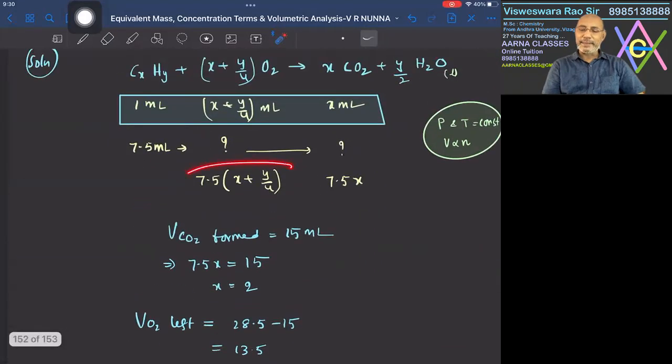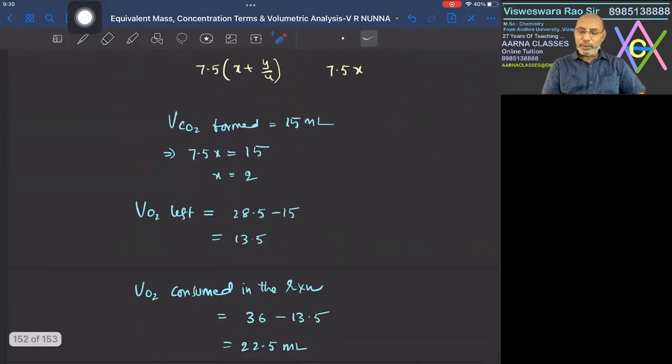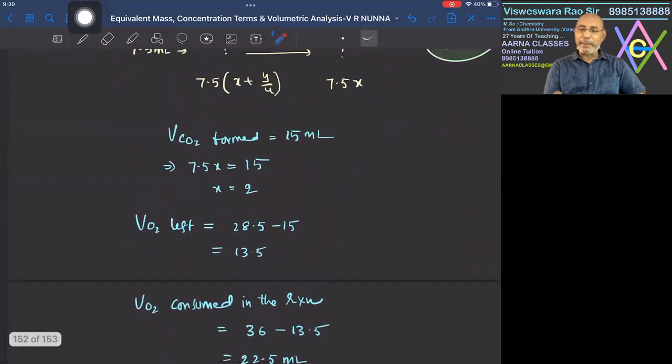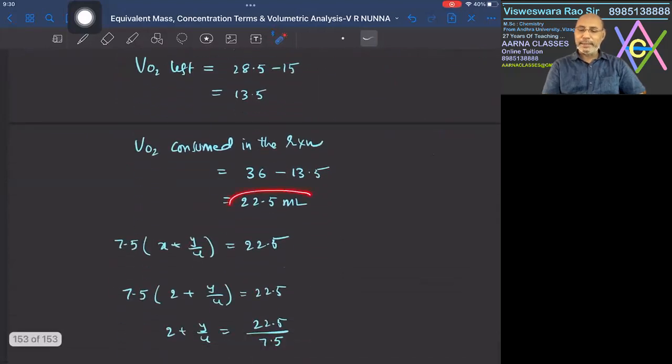How much oxygen is consumed here? For 7.5 ml, 7.5 multiplied by x plus y by 4 is consumed. So you also calculated the volume of oxygen consumed as 22.5 ml, so this must be equal to 22.5 ml.